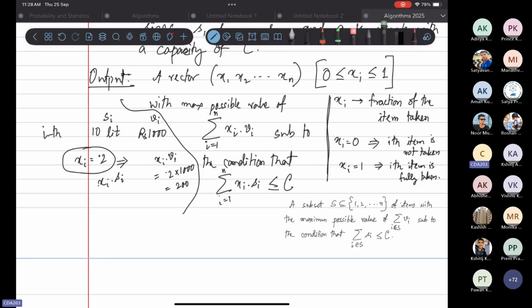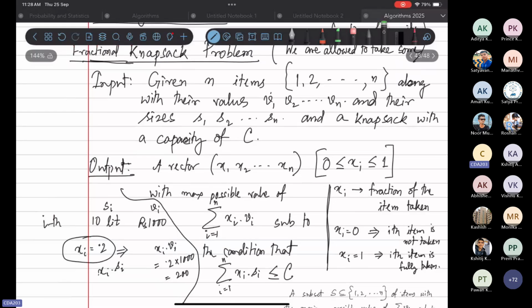Can you tell me which one is the more general one? Is it the 0-1 knapsack or the fractional knapsack? Fractional knapsack is the more general one. With this fractional knapsack, the xi's are between 0 and 1. It can take any value between 0 and 1.